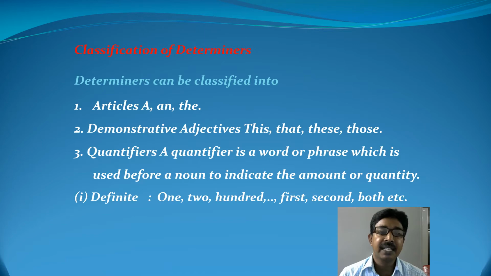Now let us see the classification of determiners. First, articles. Articles are also called determiners. Now what are the articles? The articles are a, an, and the. Second, the demonstrative adjectives: this, that, these, those.